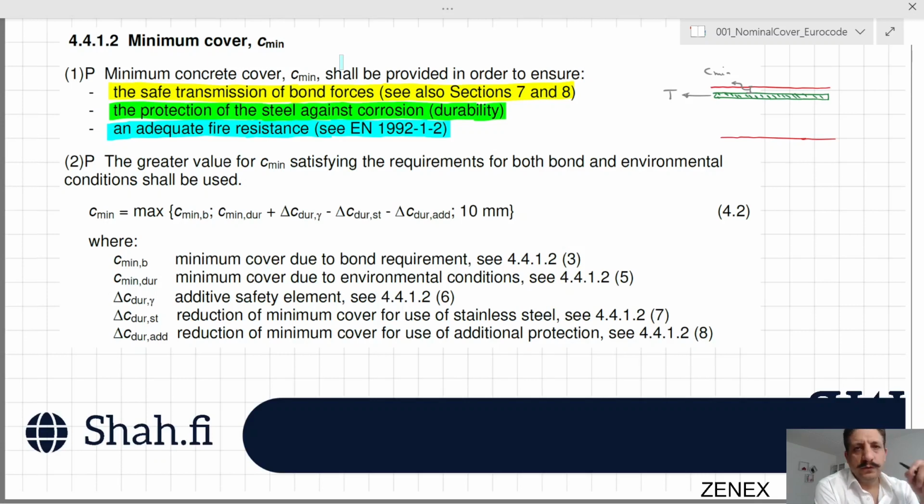So now we are going to calculate c min. The greater value for c min satisfying the requirements for both bond and environmental conditions shall be used.